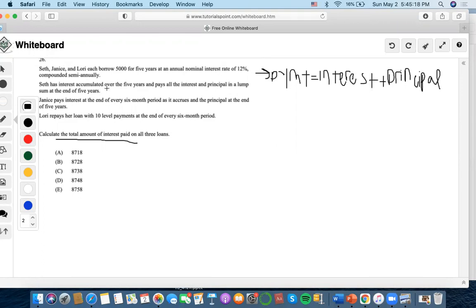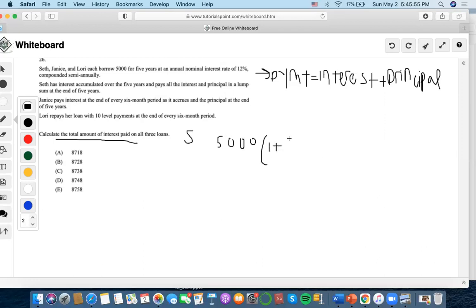So Seth has interest accumulated over the 5 years and pays all the interest and principal in a lump sum at the end of the 5 years. Well, the first thing that we have to do is solve the interest accumulated over the 5 years. And what does that even mean exactly? Well, over the 5 years, Seth borrows 5,000 for 5 years at an annual nominal interest rate of 12% compounded semi-annually.